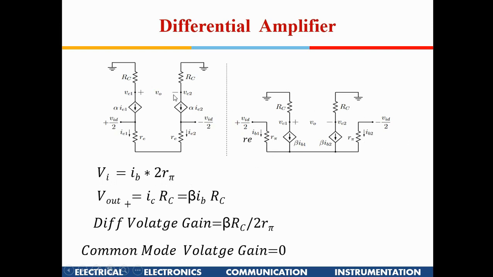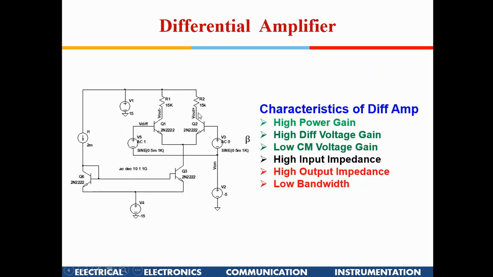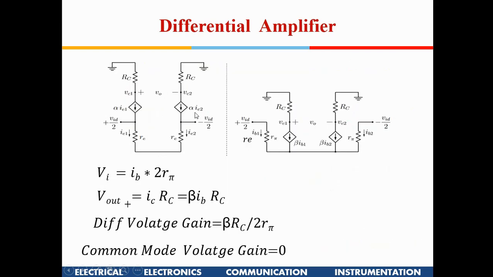This is where I am going to tap the output voltage, V out plus, from the node VC2. What will be the voltage here? From the small signal model, it is IC into RC.